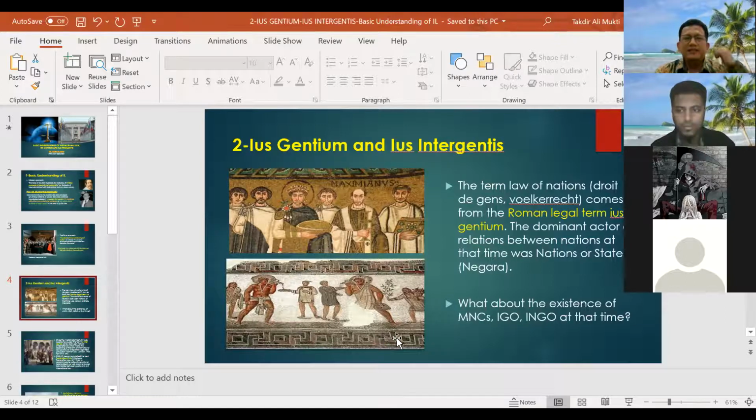So we cannot imagine the existence of MNCs like McDonald's, like KFC, like Freeport, like Toyota, like Shell, or maybe Aramco, or others at that time, because it was still a traditional era.